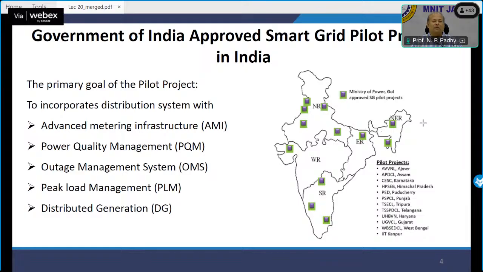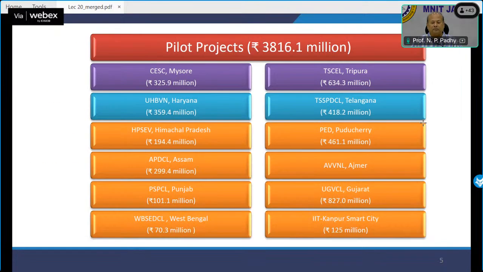So I thought it is good for all my listeners and student friends to understand, because they are in this 2025 era now. They must know what exactly happened in this country, how we moved to smart grid pilots. The pilot projects cost approximately 3,800 million rupees.